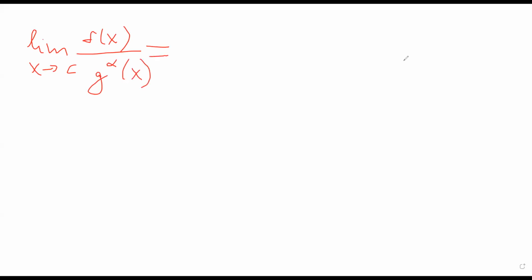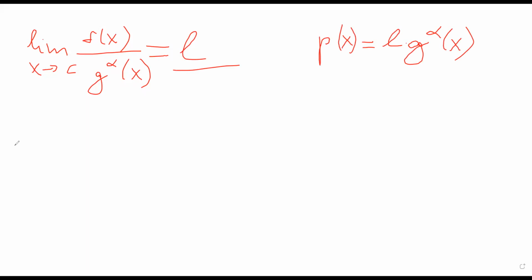It has a finite limit L, and using this finite limit L, we will find the principal part. The formula of the principal part, P of x, is equal to L times g to the power of alpha of x. Here f and g are any two given functions, and it should be found with respect to g of x.